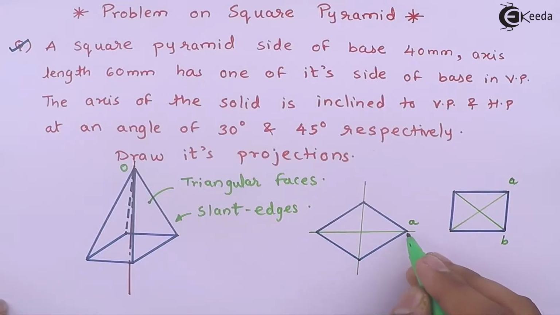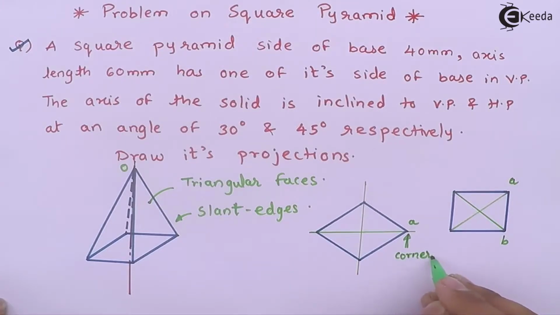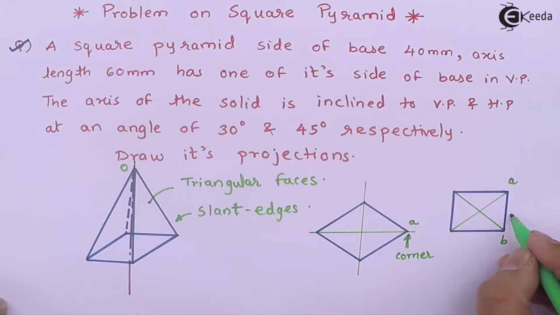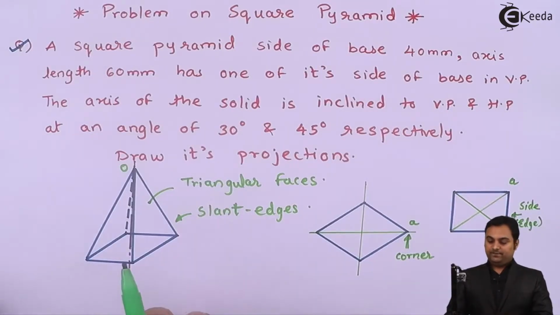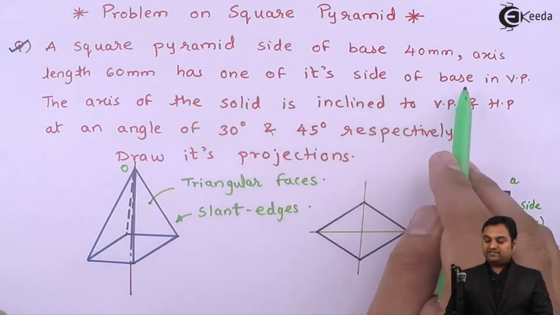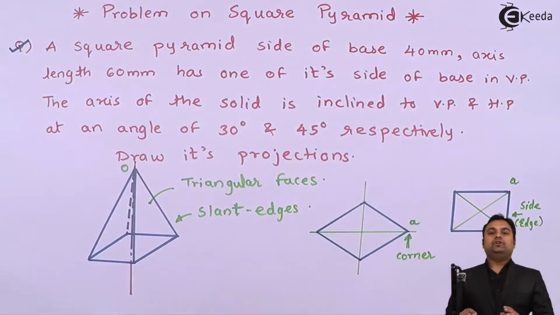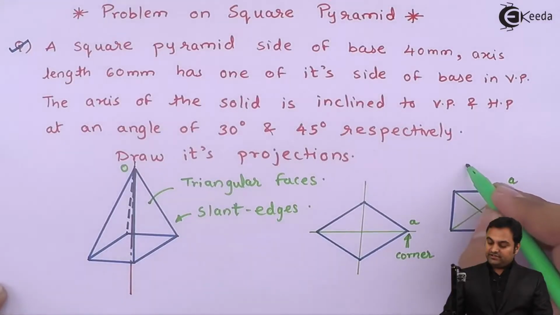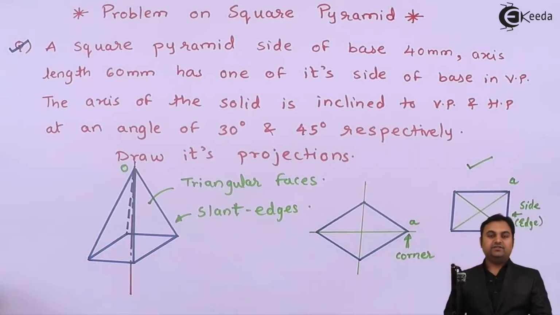In the first case, it is resting on this corner, which is corner A. In the second case, it is resting on this side, called an edge. Now in the question, it has one of its sides of base in VP. So if the side is in VP, out of the two conditions, the second condition is correct. We have to take this condition.